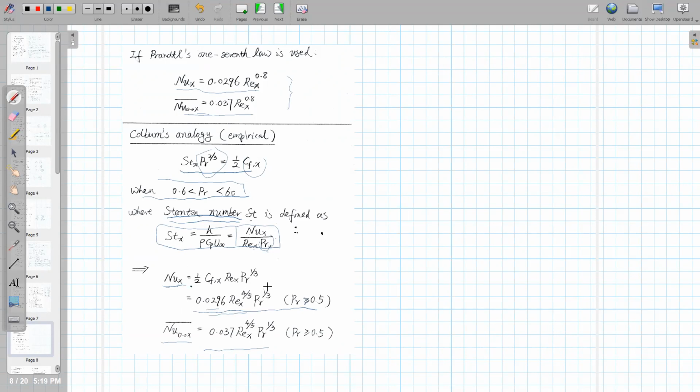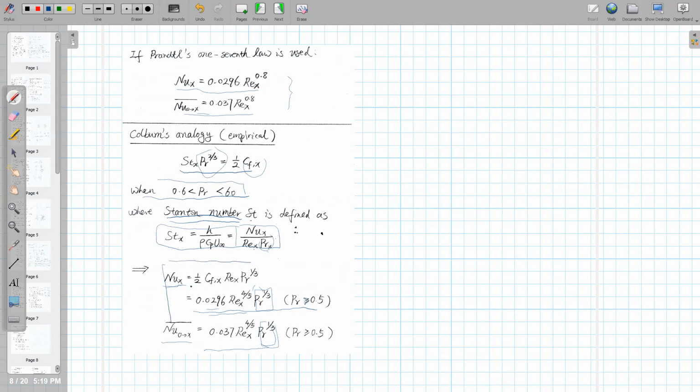You see that the only difference between Prandtl's analogy and Colburn's analogy is that we have an additional term for the effects of the Prandtl number. That's why this is better, because it considers the differences between different types of fluids, the Prandtl number difference. So this will be the final result.